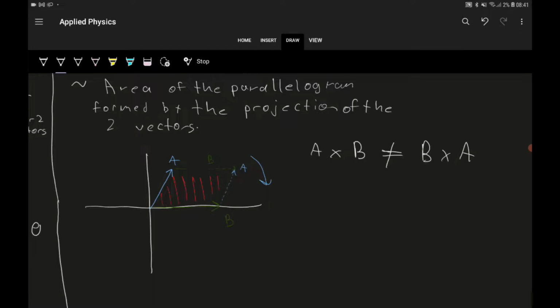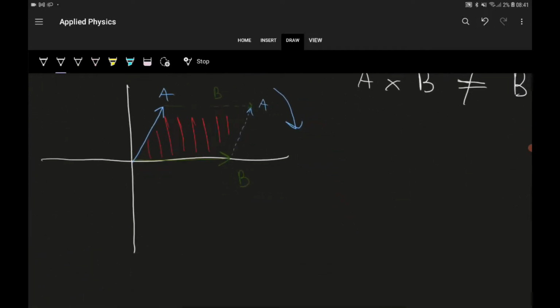same. An important thing to note, and this should clarify a couple of things, is that the cross product is maximum when two vectors are perpendicular to each other.